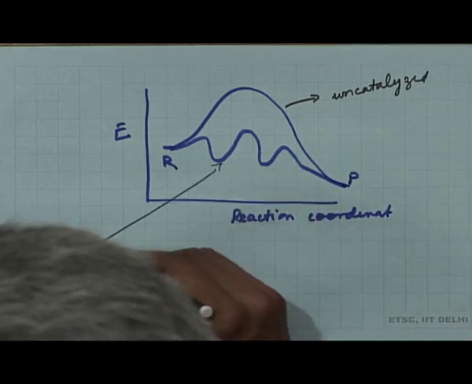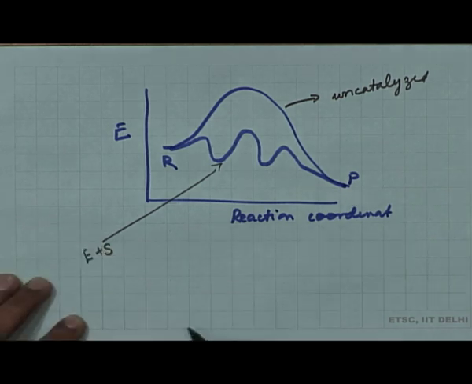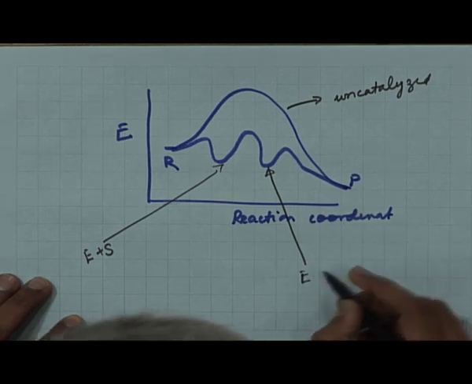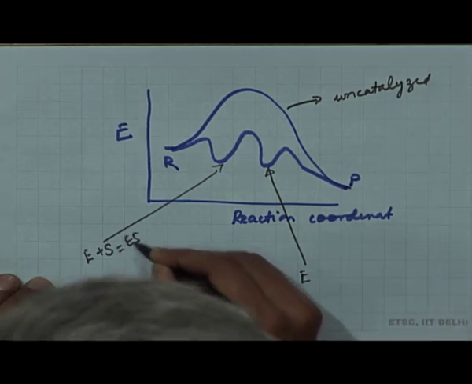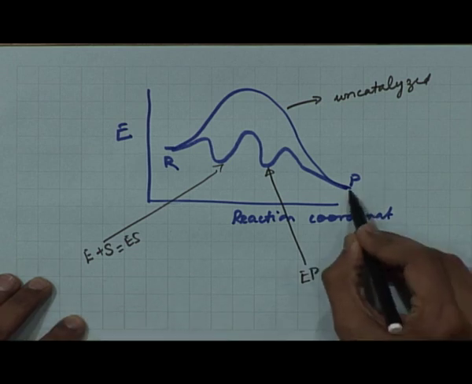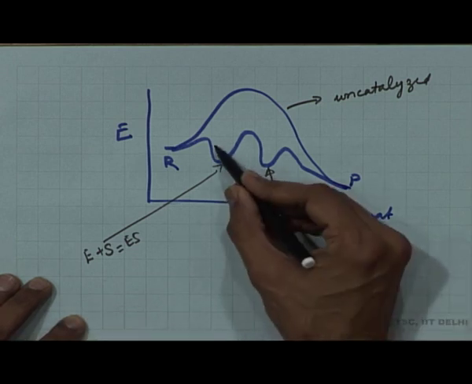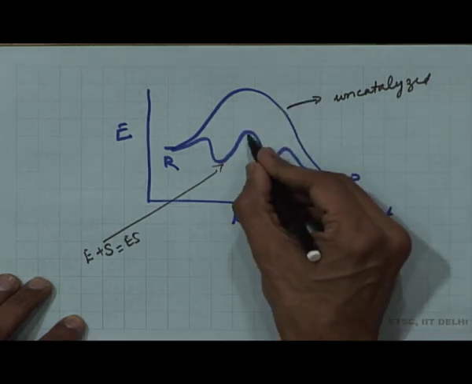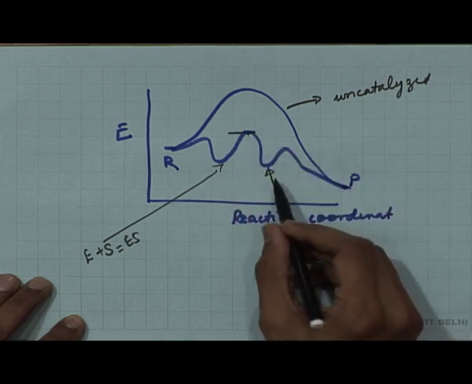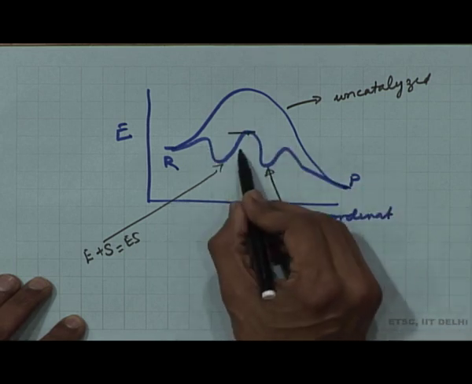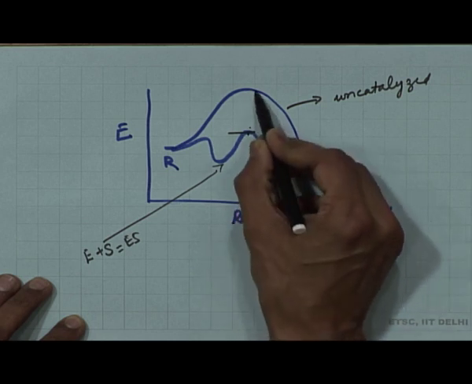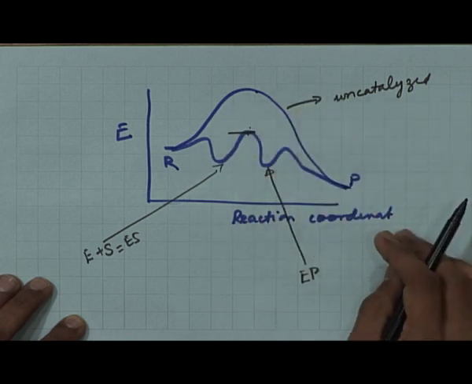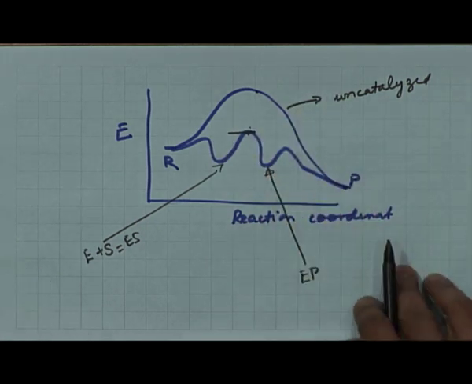This corresponds to the enzyme substrate complex. This corresponds to the enzyme product complex, and this gives you back the product. So, this reduced energy barrier, this activation energy that you have got for the reaction on the enzyme is much lower than this, and this leads to extreme efficiency for the enzyme catalyzed reactions.